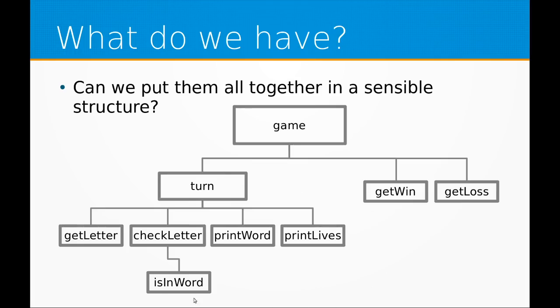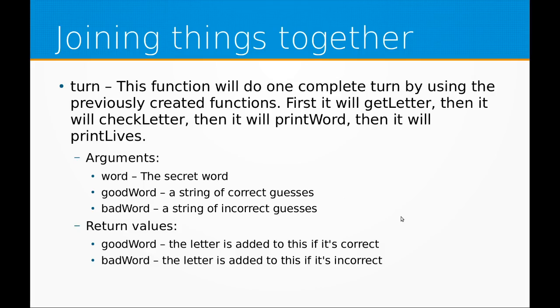So we can join all these together into a subroutine called turn. So it will go through each of those 4 steps, and that will just let a user take its turn. The information it needs in order to do that, well, it needs the secret word, so secret or whatever the word that the user is trying to guess is.